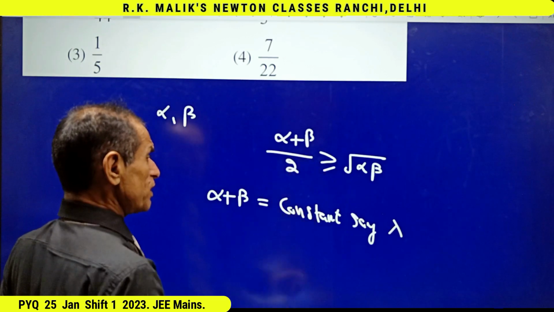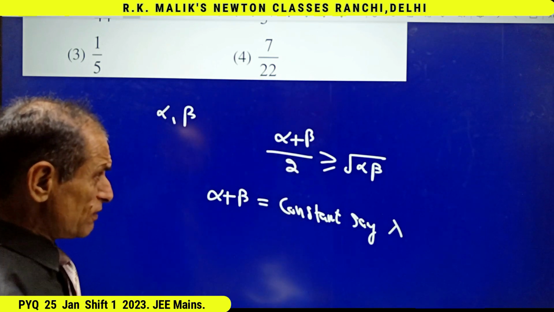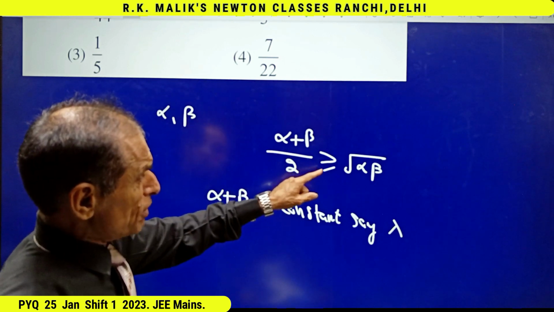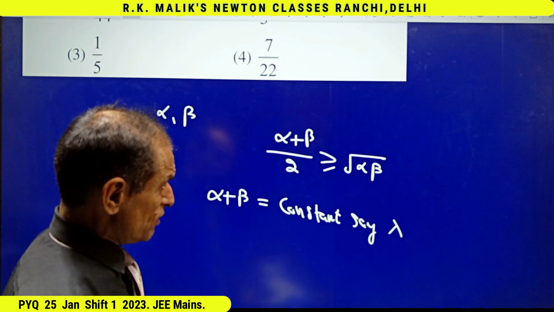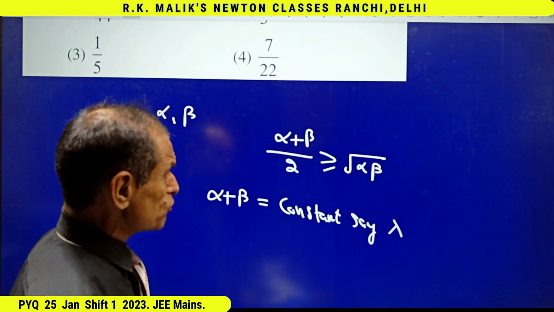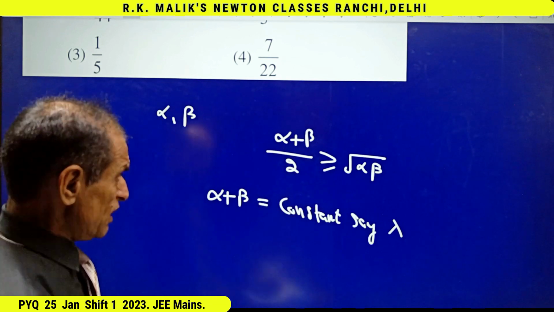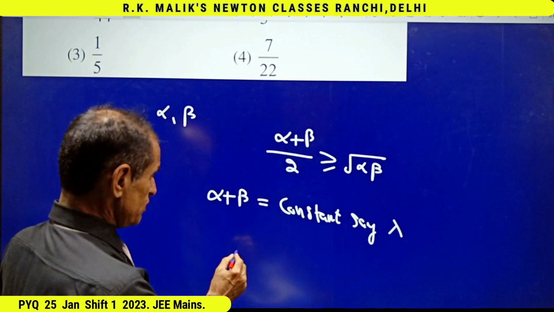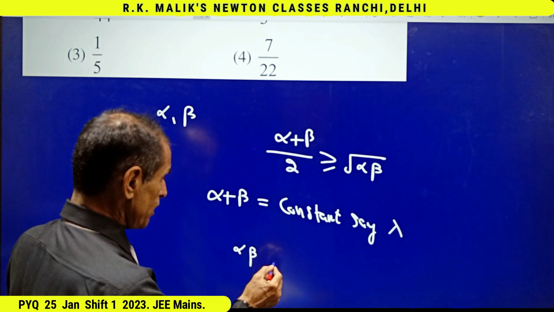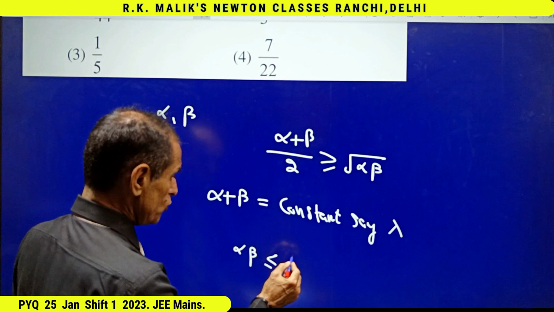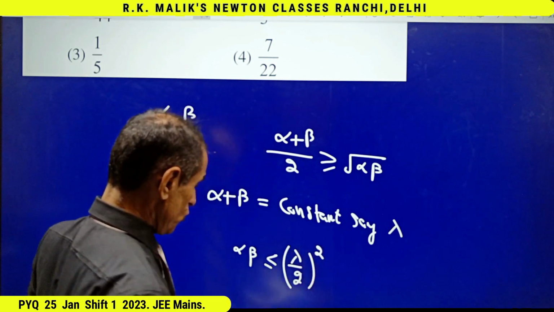And you know that arithmetic mean equal to geometric mean is possible only if alpha and beta are equal. That is, this will become equal to this if alpha and beta are equal. Otherwise, for unequal values of alpha and beta, this will be greater than this. Hence, if alpha plus beta is constant, then alpha beta is less than or equal to (lambda by 2) whole square.